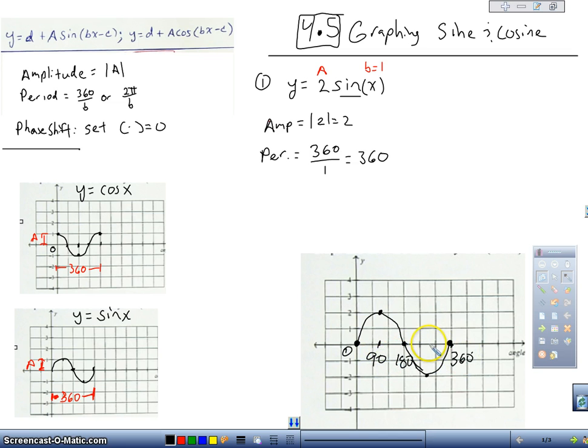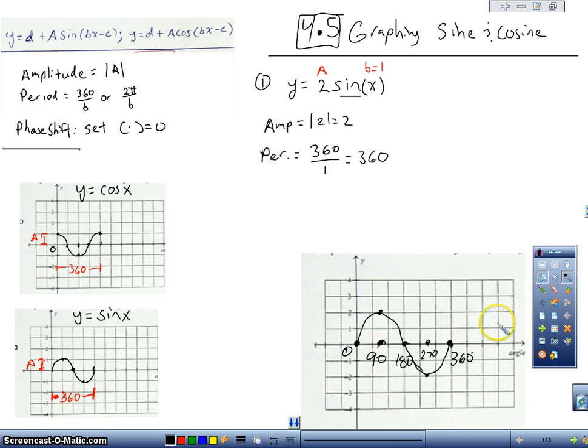And the angle where the lowest point happens. So how do we find this point? We can find the average of 180 and 360. If we add those two numbers and divide by 2, we get that this is 270. So these are critical points that I'll be asking for in these graphs.